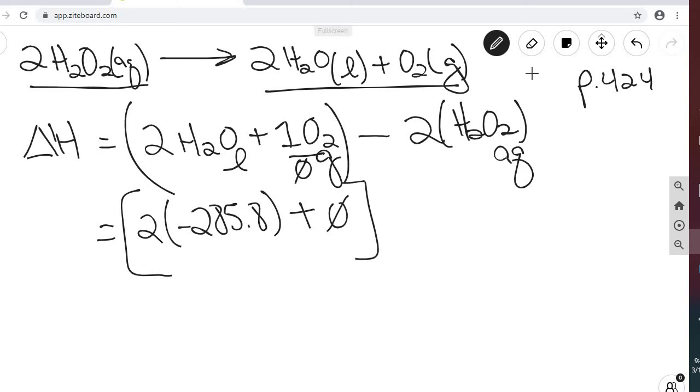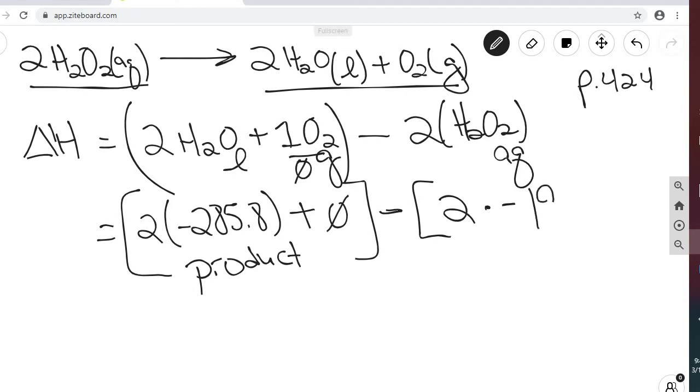So that's the product side. And we are going to subtract from that 2 times the hydrogen peroxide in its aqueous phase. So H2O2 in its aqueous phase is negative 191.2.